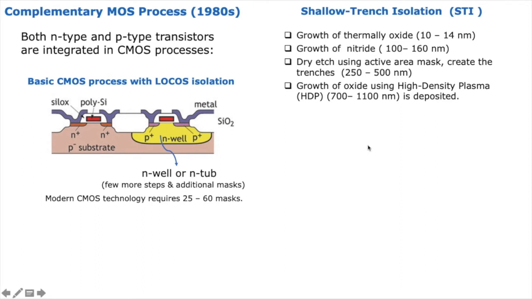Now there is another one, STI, shallow trench isolation, which I told you about earlier. So in this case, what are the steps that you do? It is similar, right?